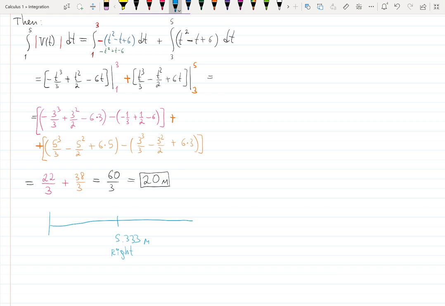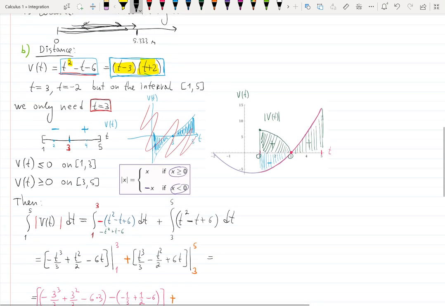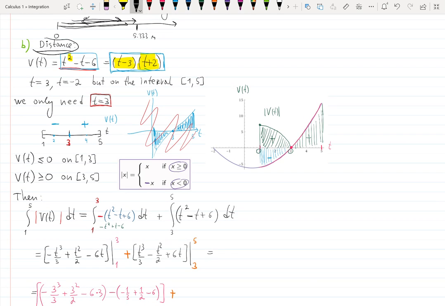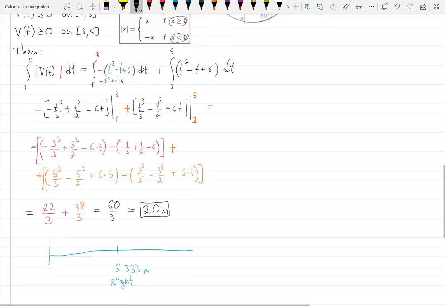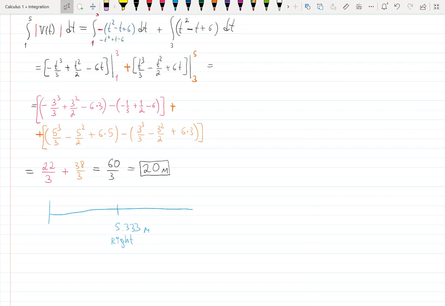But to get there, the particle was actually moving right and left, right and left, right and left, and it moved. How far did it move? So we're looking for distance. We're answering the question, the distance. How much this particle walked, or it was flying, or it was running. It actually moved, so distance, by 20 meters. So that's distance.